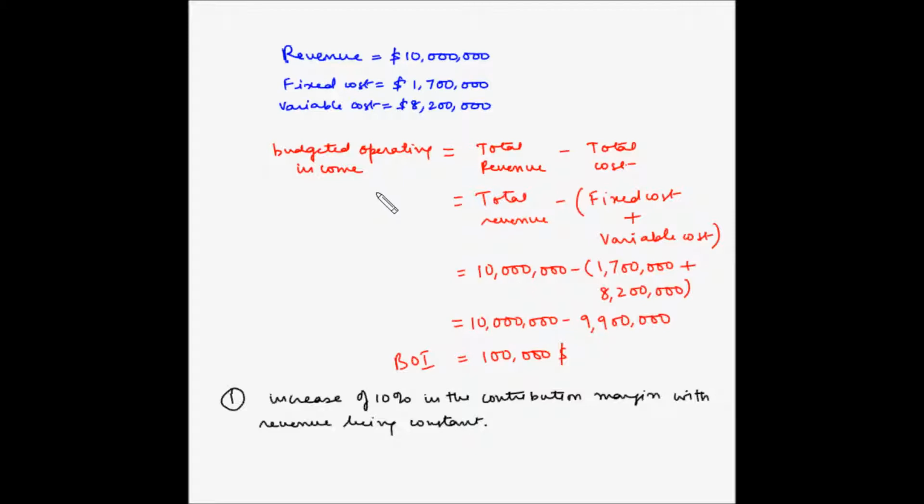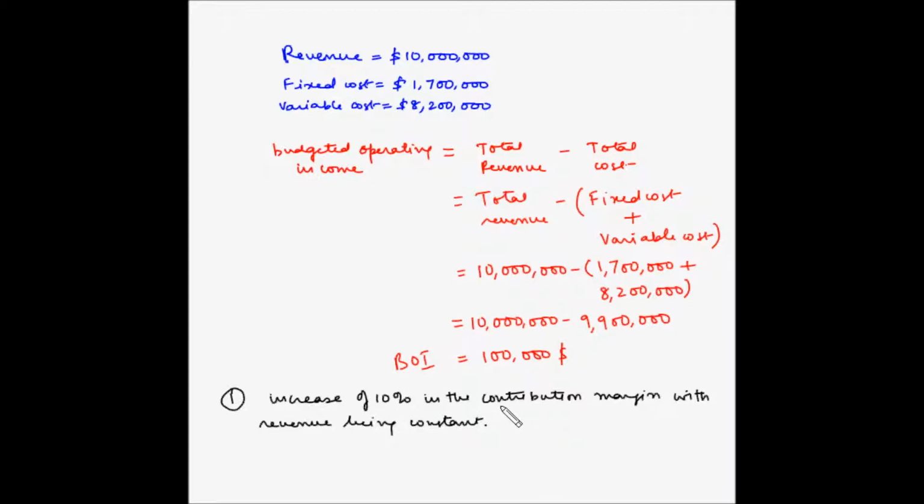Now, budgeted operating income is total revenue minus the total cost, which is fixed cost plus variable cost. And now we are being asked to find out what is the impact on this budgeted operating income if there is an increase of 10% in the contribution margin.